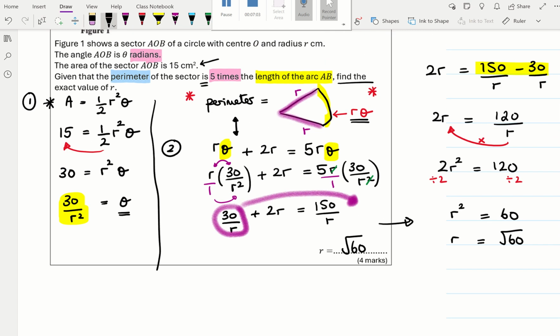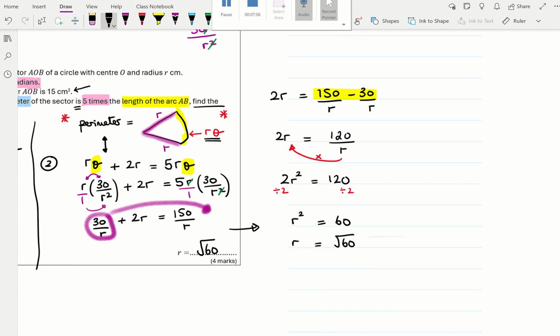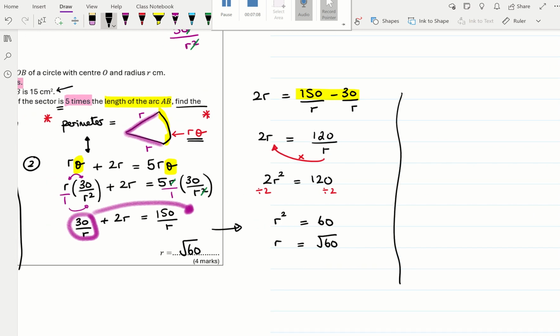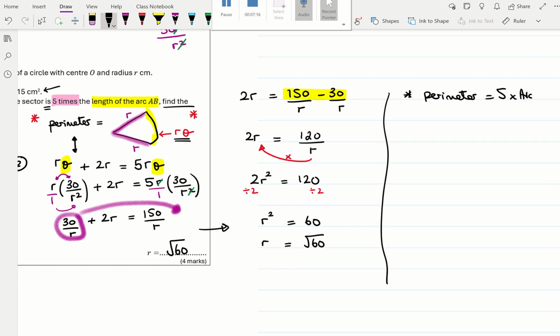Looking at step 2, this is one way of doing it. Another way of doing it, starting with the perimeter equals 5 times the arc length: r theta plus 2r equals 5r theta. Well, instead of moving this to the other side, I'm going to start by moving that, because these are like terms.